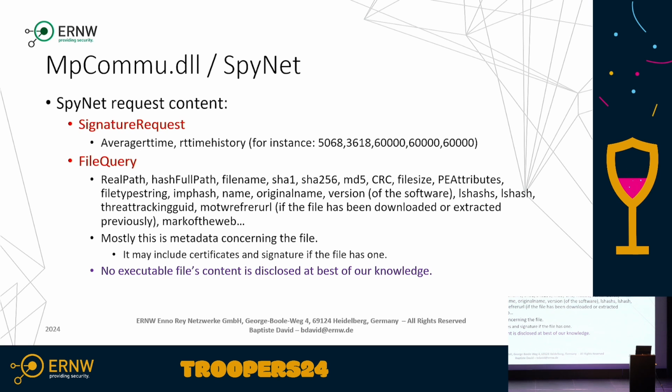So you have the real path, the hash of that path, the file name, SHA-1, SHA-256, MD5 also, why not, CRC, the file size, PE attributes, file type settings, imp hash, name, original name, version of the software. That's an unknown hash for us. It's a hash, more or less, of some section, I would say. I like this one, mod w ref URL. It's when you download the file, Microsoft keeps track of which website it has been downloaded from.